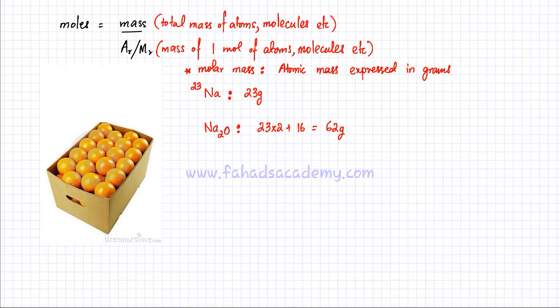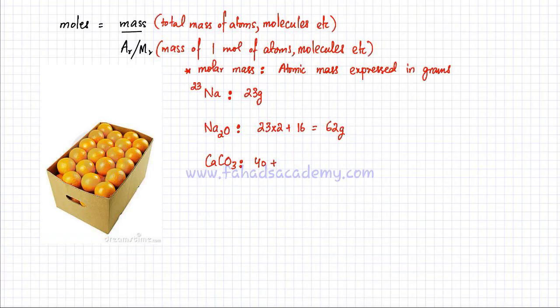And we can do one more example. Let's figure out the molar mass of calcium carbonate. In this case, you have 1 calcium, which is 40, and you have 1 carbon, which is 12, and you have 3 oxygens.